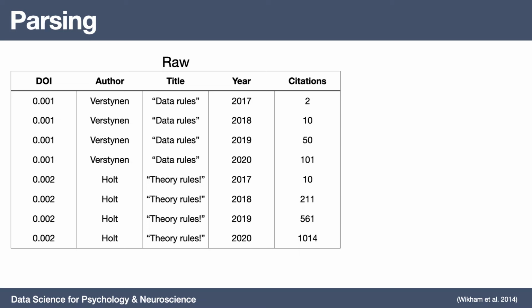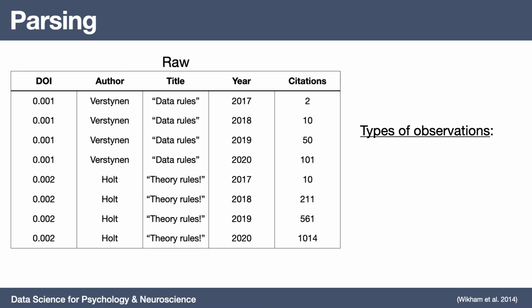It was published in 2017. We want to track the citation rate. So we have a column for citations, years, the title of the paper, the first author, and the DOI number. There's a second paper with DOI number 002, published by Holt, with the title Theory Rules, published in 2017, and we have its relevant citations.